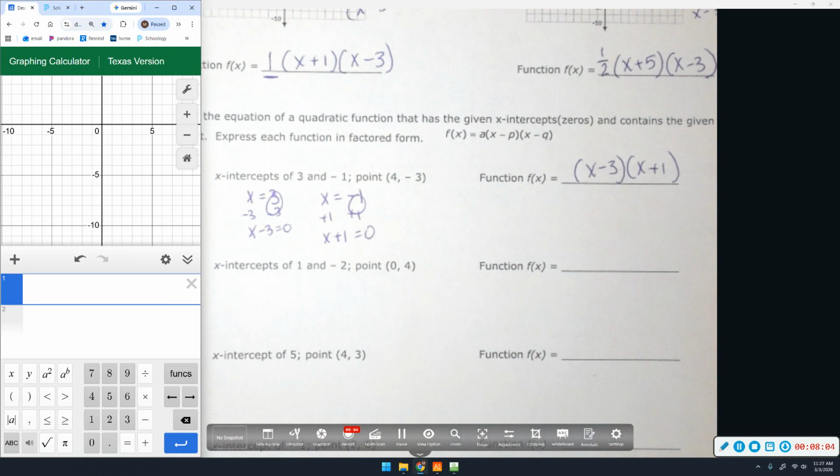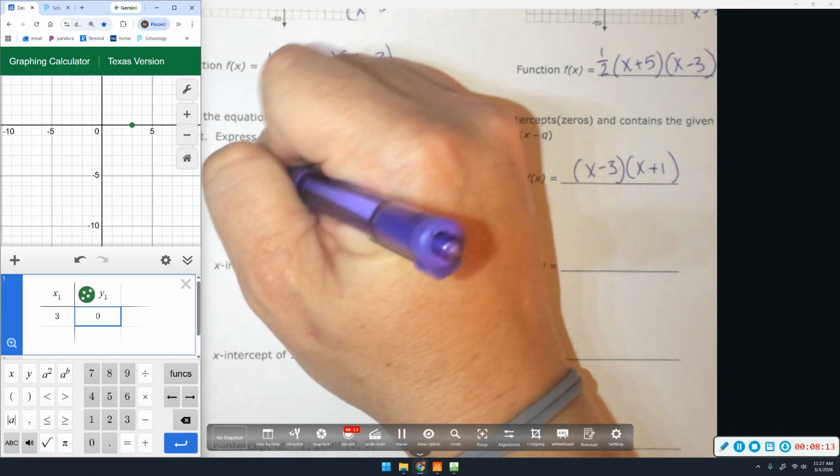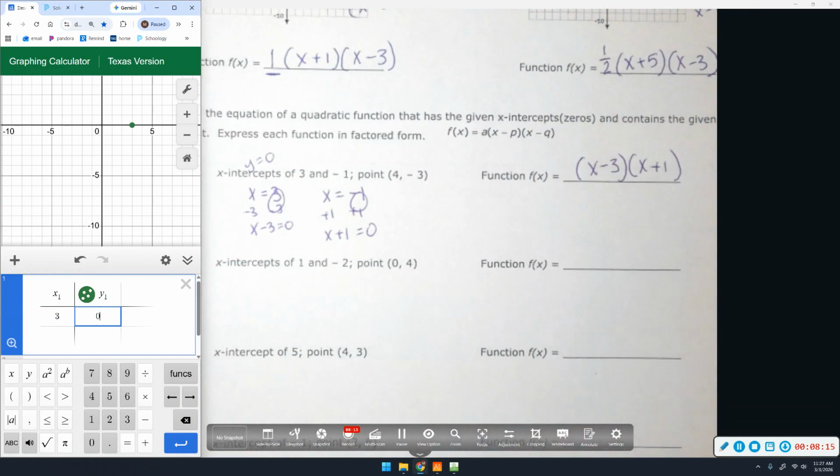And then we have to do our plus sign table to find A. So you have to use all 3 points. So we know the point 3, 0. Remember, x-intercepts are always where y equals 0. So when you type them in, please don't ever type 3, -1. Those are 2 separate points. So -1, 0. And then we have our random point 4, -3.